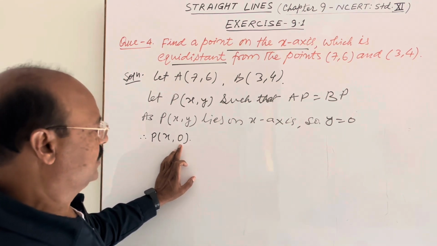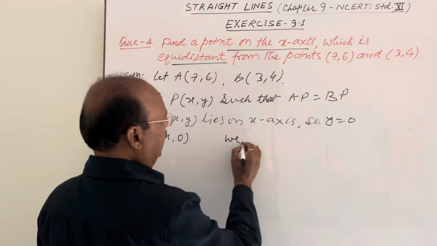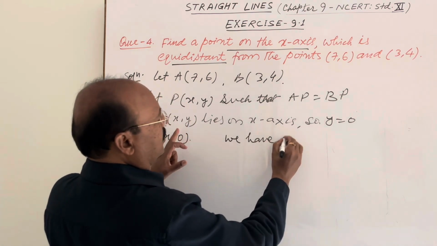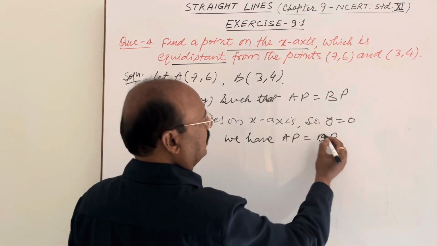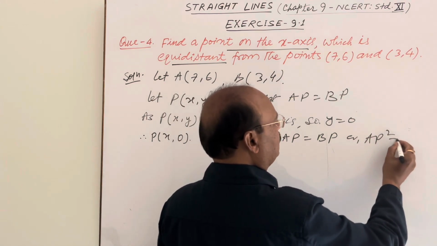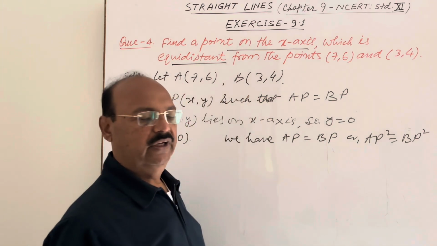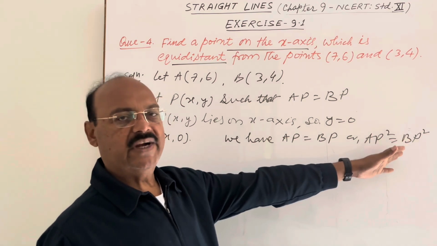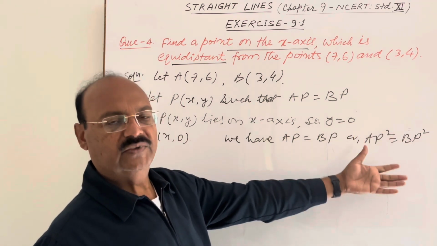Using the distance formula, the distances are equal: AP is equal to BP. Squaring both sides, AP square is equal to BP square. Why squaring? In the distance formula a radical sign is there, so if we square both sides, the radical sign will be removed and simplification will become easier.